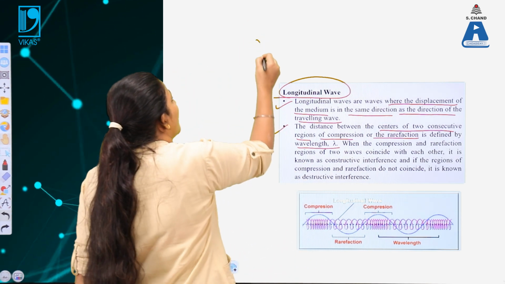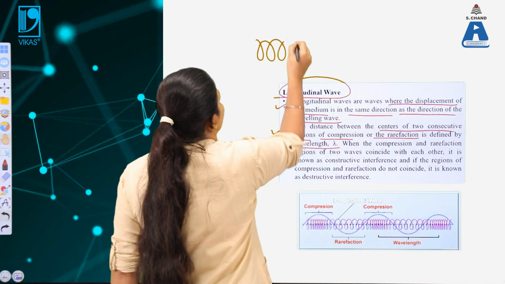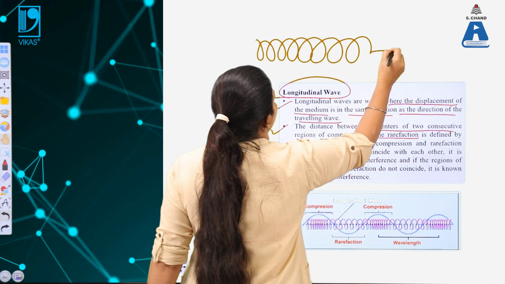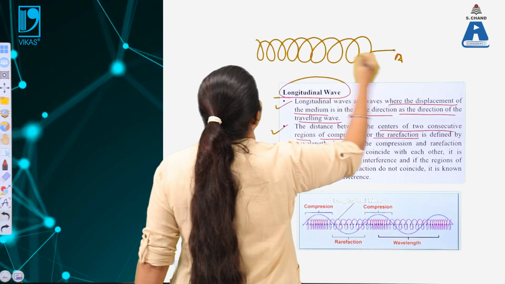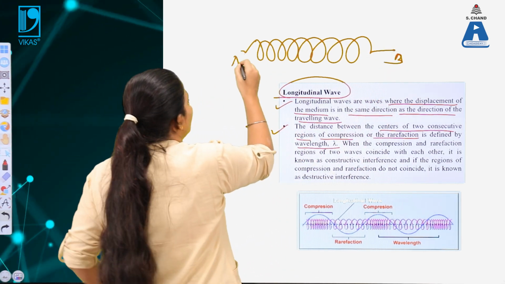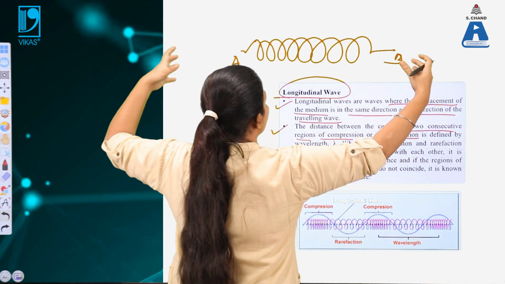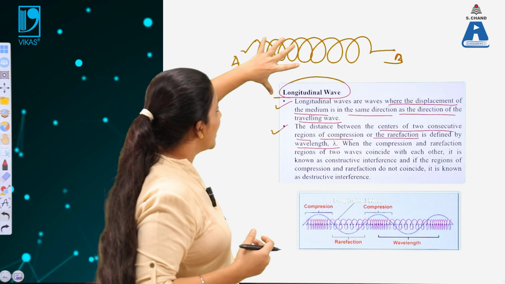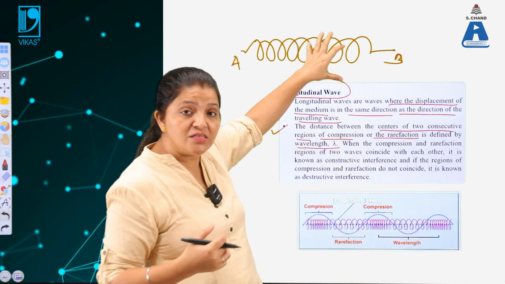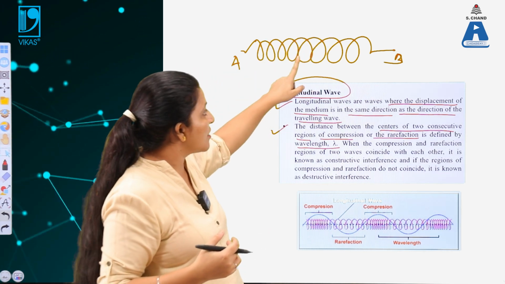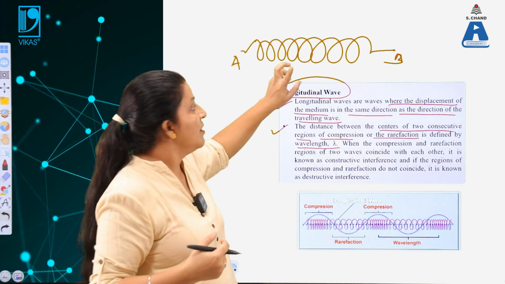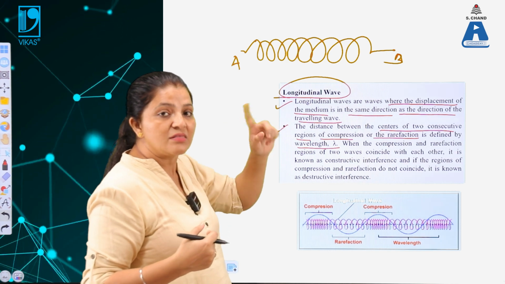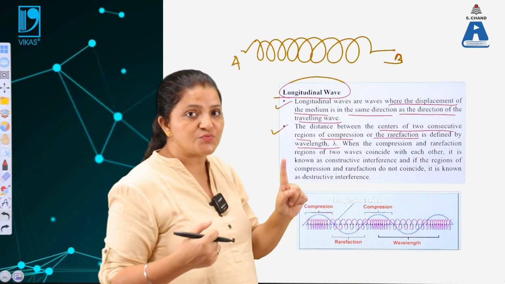Here we are taking a spring, which is fixed between two points. When we stretch the spring and then leave it, the spring will start vibrating. The waves produced in the spring are known as longitudinal waves, while the waves produced in a string are known as transverse waves.